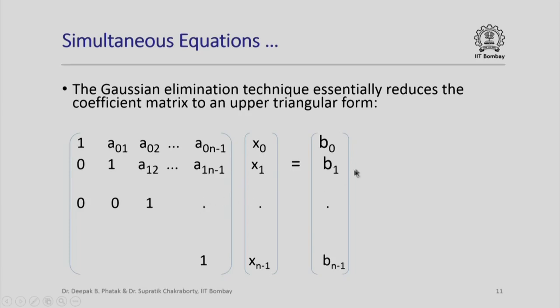Observe that the right hand side b0, b1, etc., will not be original values, but these will also now be modified based on the computations that are performed in order to do this transformation. But once we obtain this, then it is easy to see that the last variable can directly be determined by using b(n minus 1), and by back substitution successively we can actually determine all the other unknown variables.